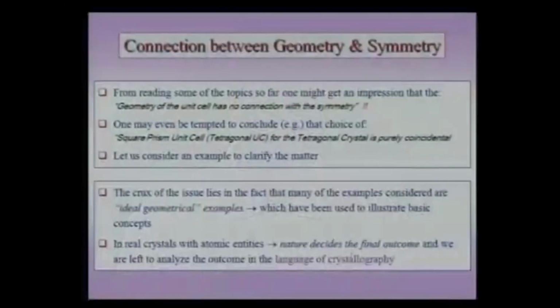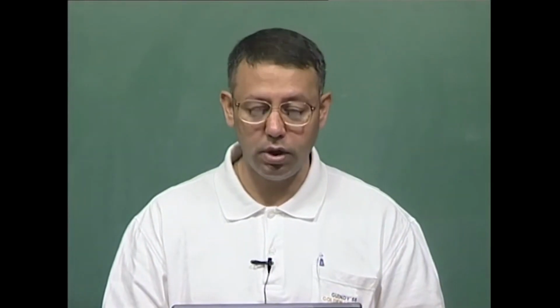But in any case, if nature or an artificially synthesized crystal is made, then it is our job to analyze the outcome in terms of the language of crystallography. It is not that in every case we can make a crystal starting with any kind of motif or entity. Sometimes nature decides what will be the outcome.